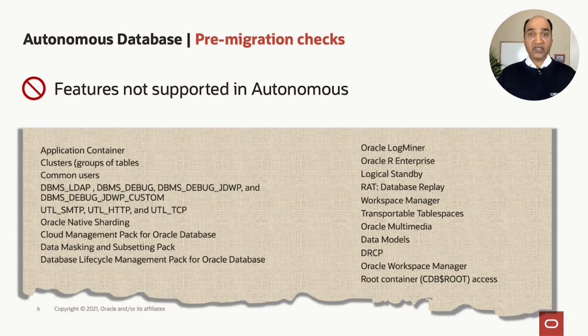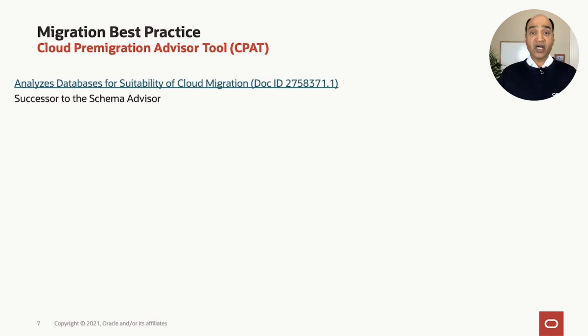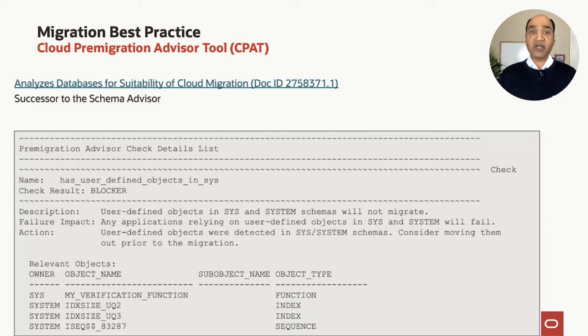Now, all of this could sound super complicated and hard to keep track of and uncover. And therefore, we provide a tool called the Cloud Pre-Migration Advisor tool, or fondly known as CPAT. What happens with the CPAT tool is once you run it against your source database, it will validate all of these parameters, options, features, objects that might be in certain places.